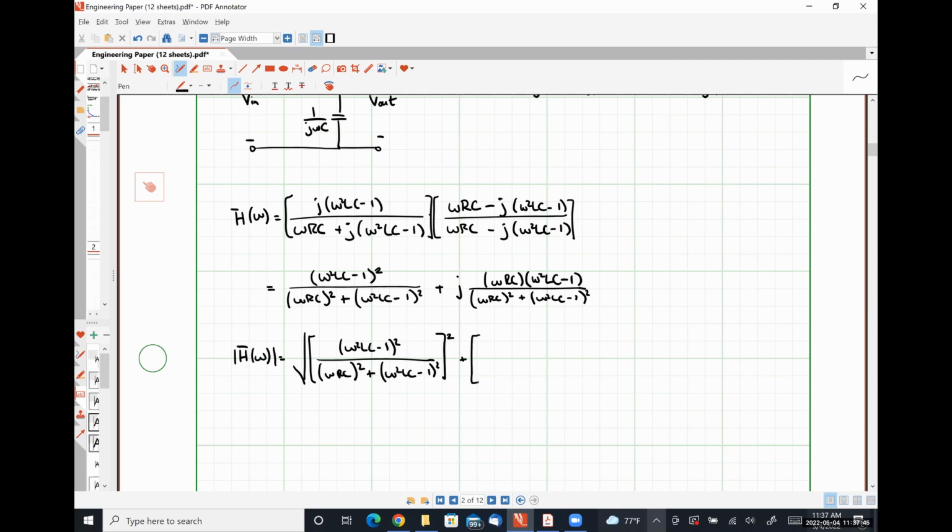Our imaginary part, omega RC times omega squared LC minus 1 over omega RC squared plus omega squared LC minus 1 squared, this whole thing squared.